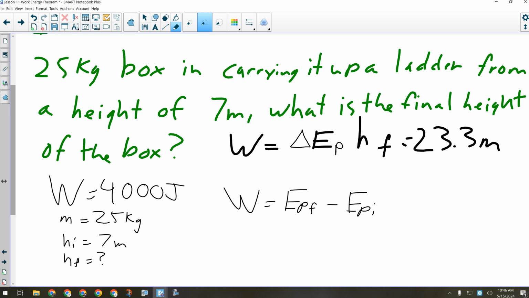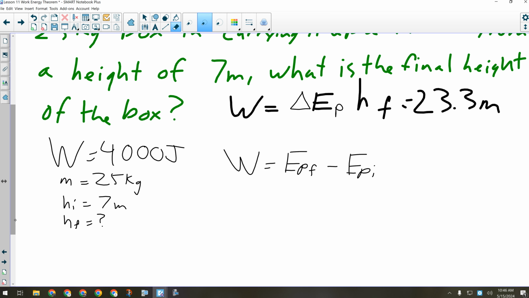So I'm going to take EP initial and I'm going to do what with it to move it over? Add it. Now as I'm walking and talking myself through this, and you notice I keep doing this because I'm crazy, that's what I'm doing in my head. I'm going to take work, which by the way is the change in energy, and I'm going to add it now to the initial potential energy, and that is going to give me my final potential energy.